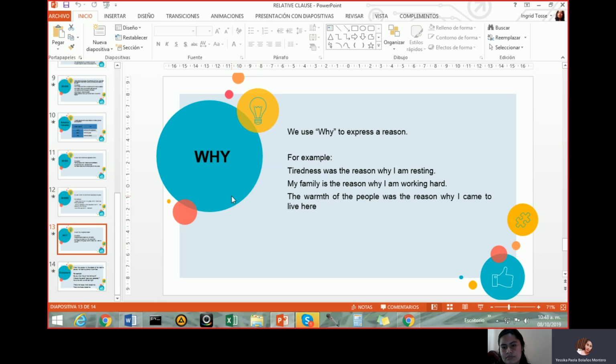Tiredness, which is your meaning? Tiredness. Is that the same as stressful, cansancio? Okay. El cansancio fue la razón, el por qué yo estaba descansando.